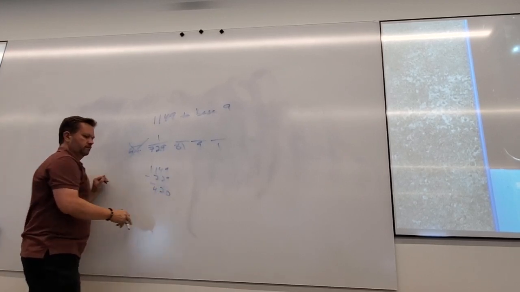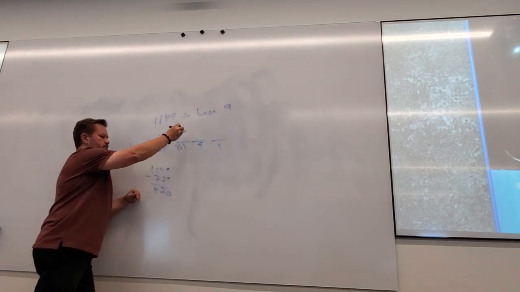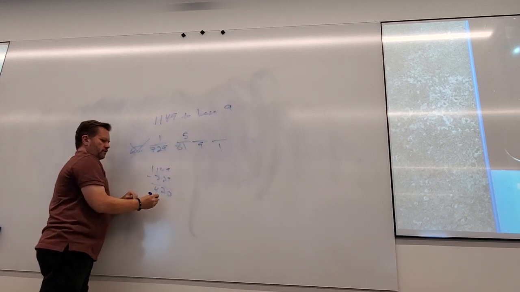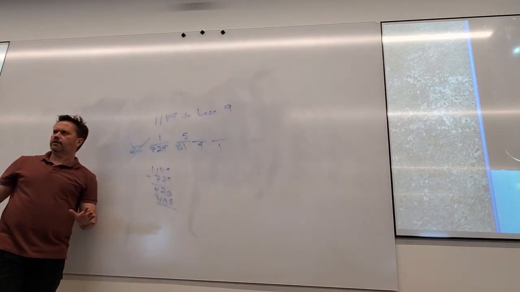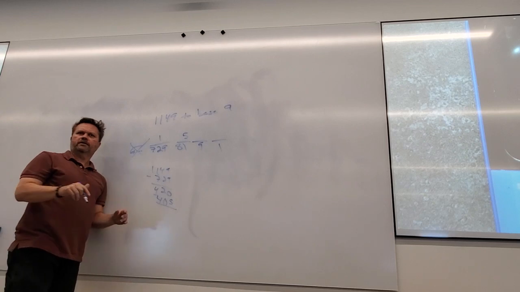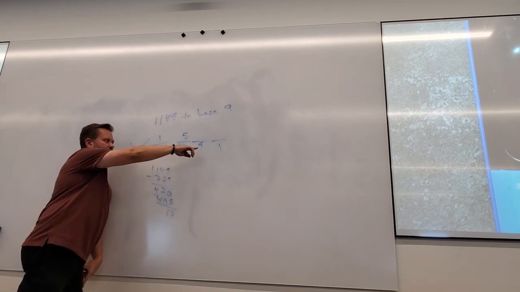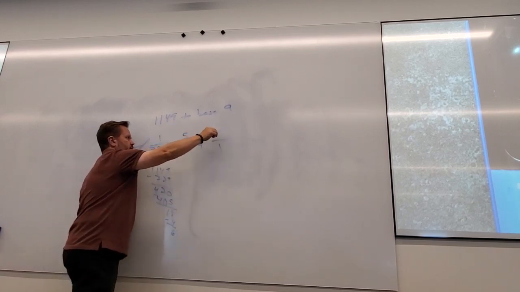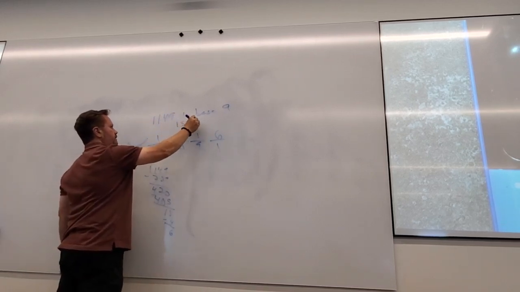And 420 goes into 81 5 times. 5 times 81 is 405. You guys, is this coming back? Yes, it's like riding a bike without any pedals. And then 15 left, 1 nine, and then 6 ones. So this would be 1, 5, 1, 6 in base 9.